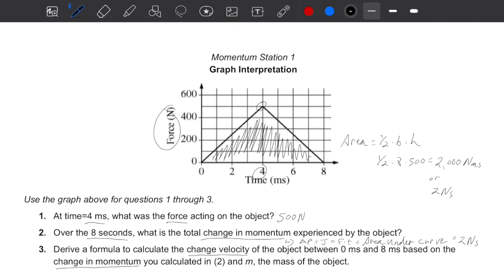So we've done the change in momentum, and we know the change in momentum is the impulse, and the impulse is mass times change in velocity, or delta V. For our number 2, we found that J impulse is 2 Newton seconds, and that's equal to mass times the change in velocity.